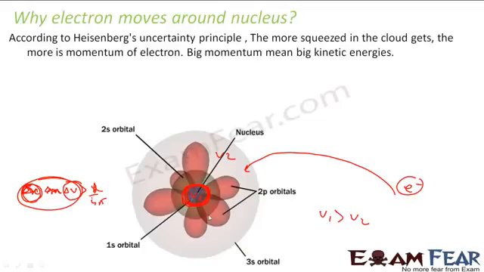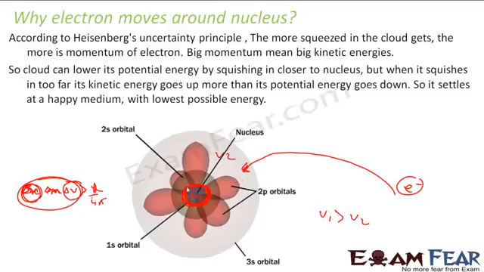The more it is squeezed, the more speed it gets, and somehow it reaches a trade-off. When you bring the electron here, it gains kinetic velocity, but it loses the freedom to move, and in some way it gets a trade-off and settles down.